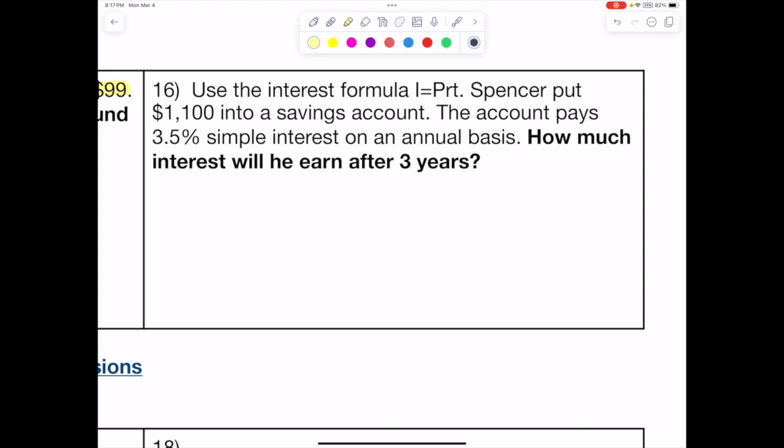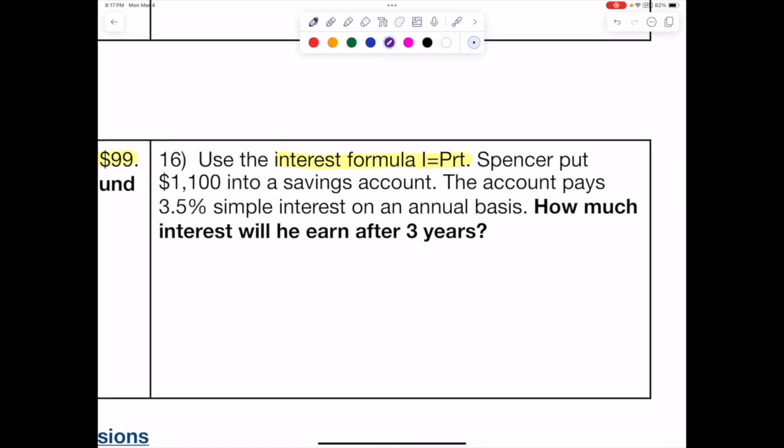The interest formula is I equals PRT, and we need to remember what these things mean. The principal was the OG. The rate is the percentage rate as a decimal.